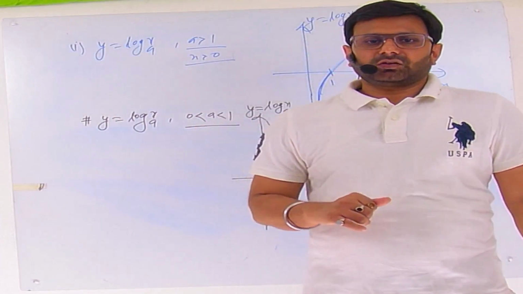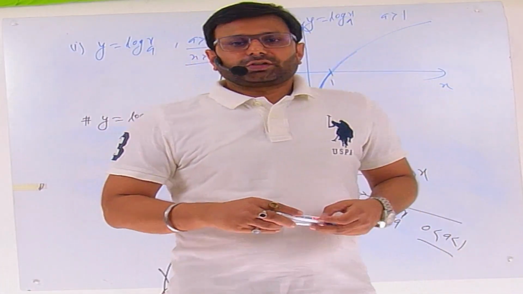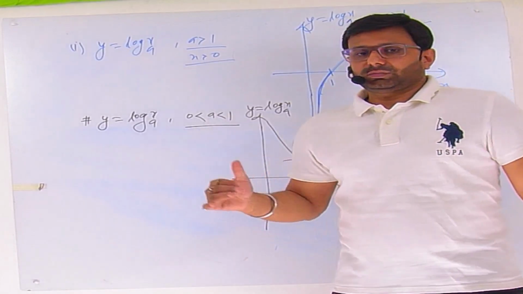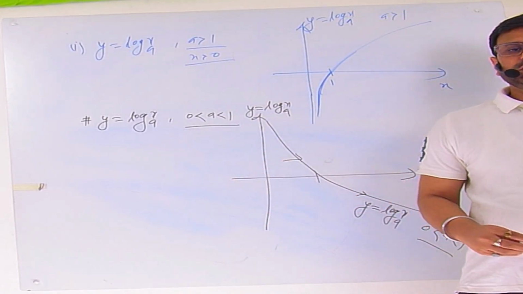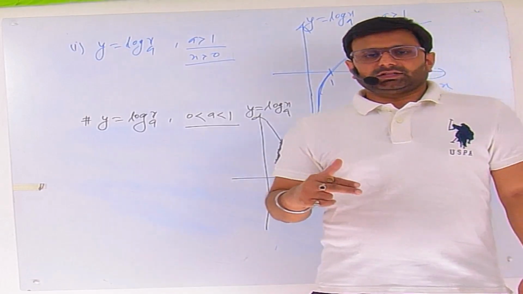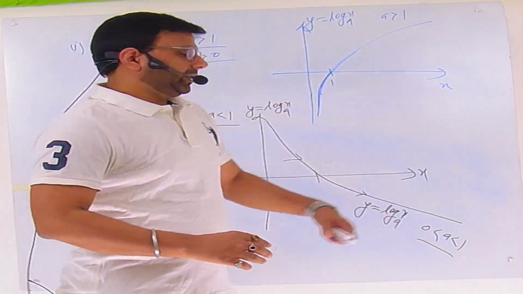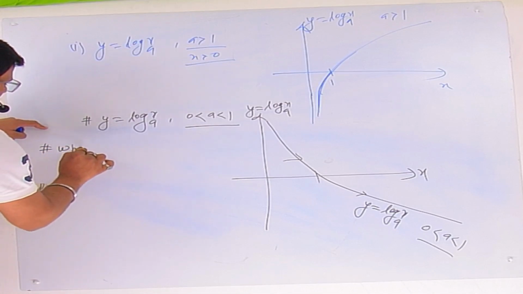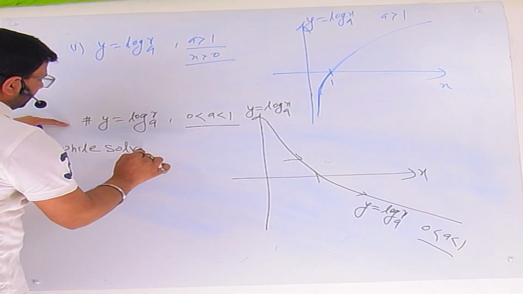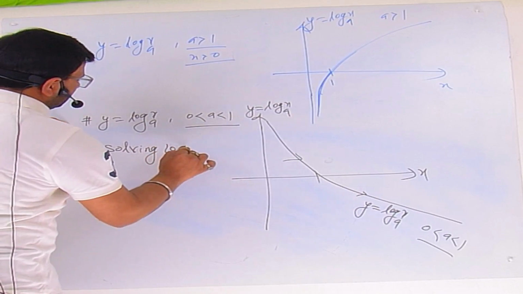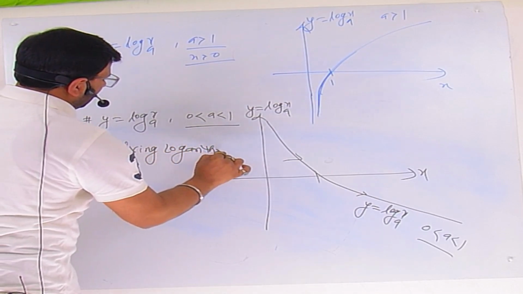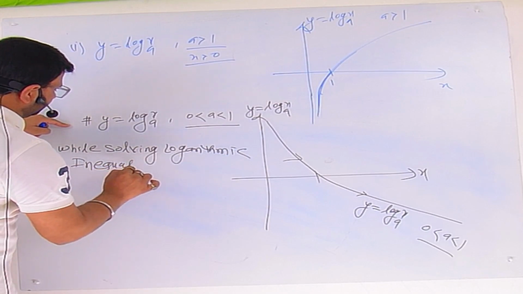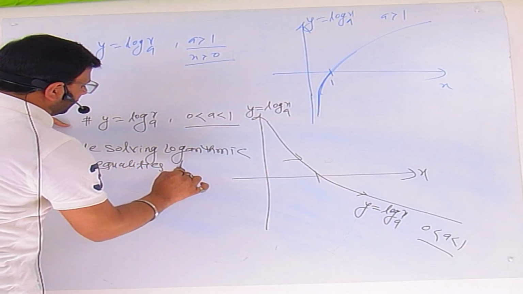So can I erase this graph? Next I will write. Now tell me, if you are solving logarithmic inequality, you must check base always. Yes or no? So if base is greater than 1, one more conclusion I am writing here. While solving logarithmic inequalities, always check base.